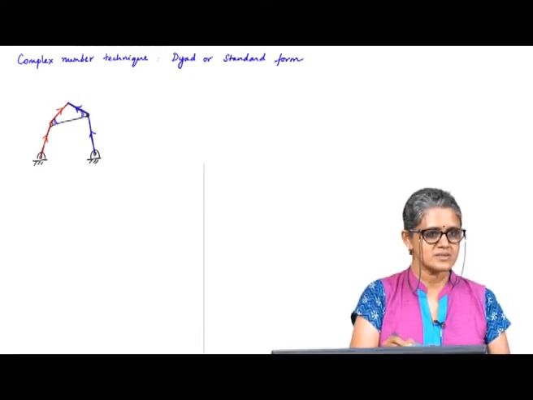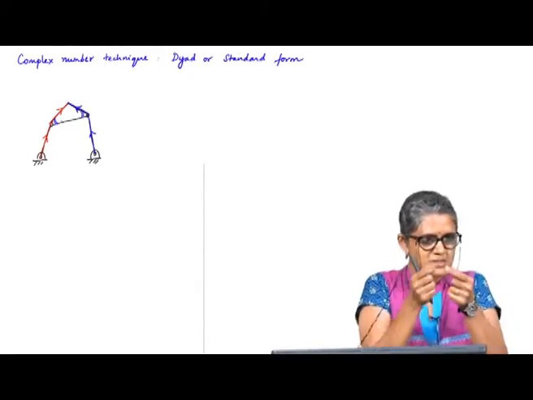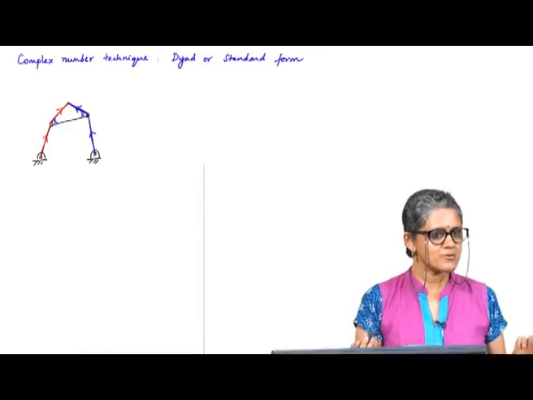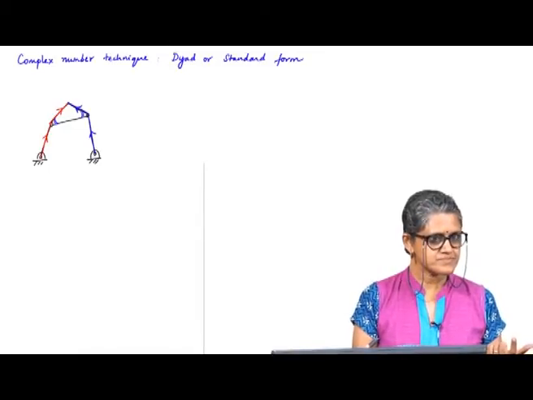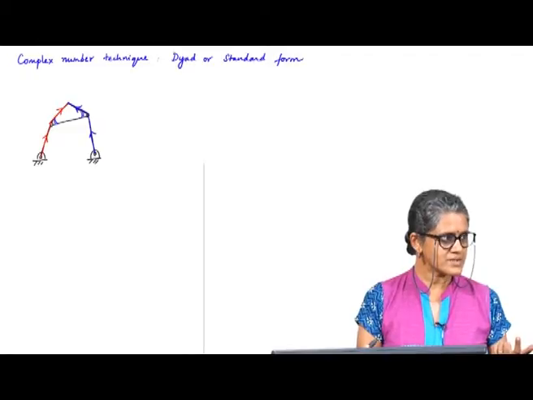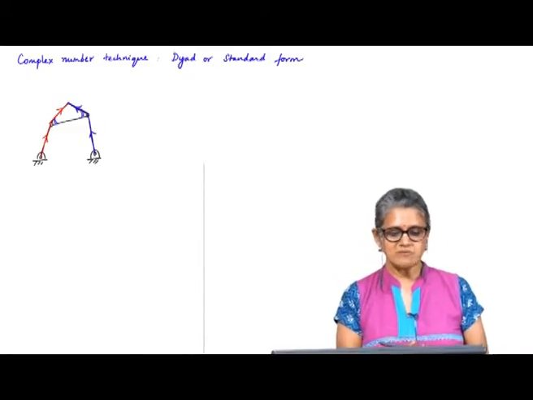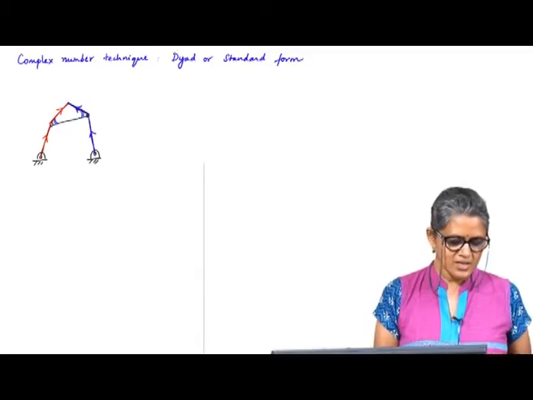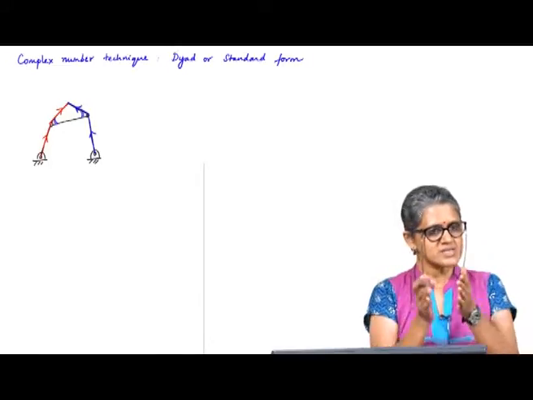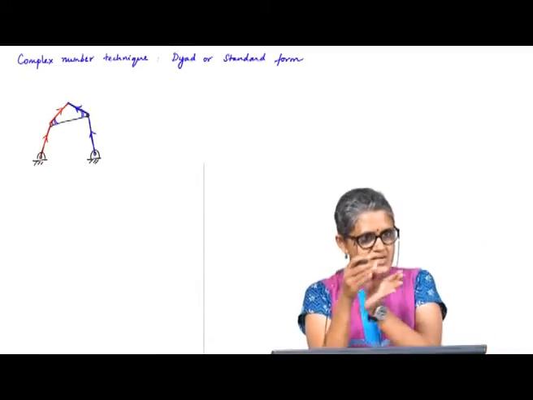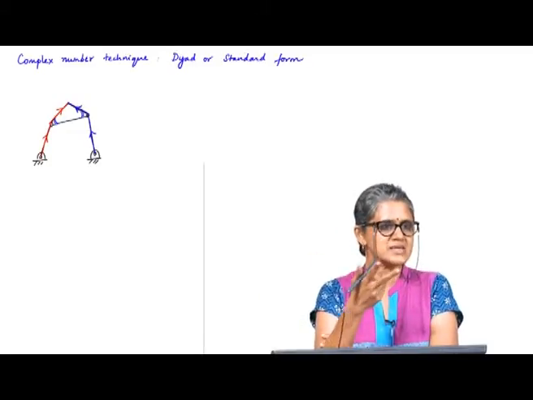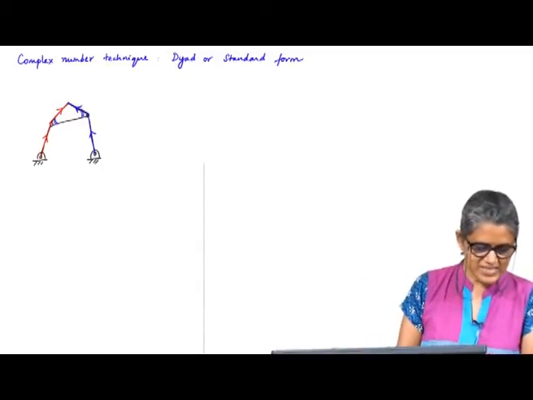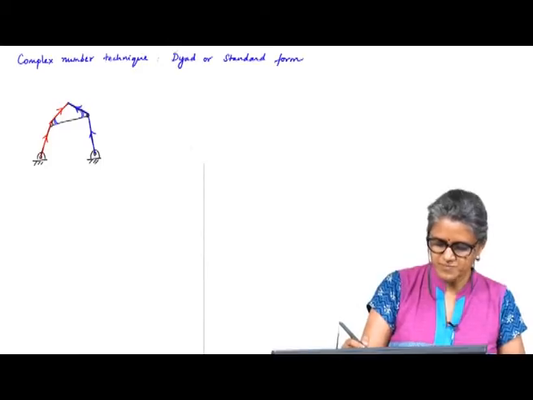So, I take two diodes and basically connect these two with a rigid rod, then I would form a 4 bar, right. So, this is sort of what we will use to develop this diode or standard form. So, basically this says that you can synthesize a 4 bar in terms of these diodes. A diode is basically 2 links. Okay. So, what we will do is basically synthesize this 4 bar in terms of these 2 links.